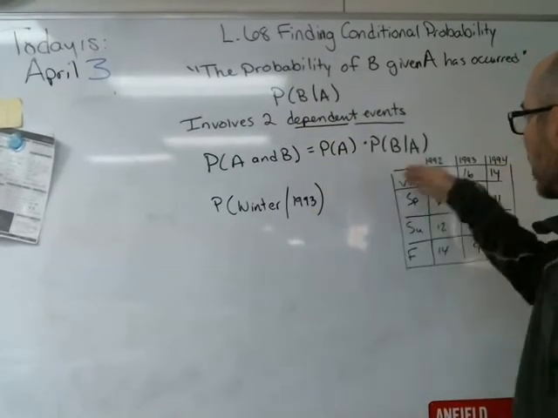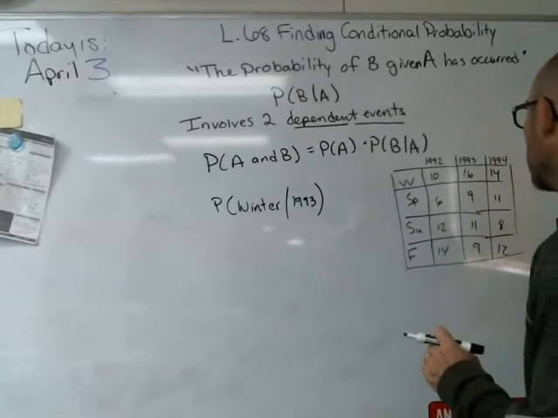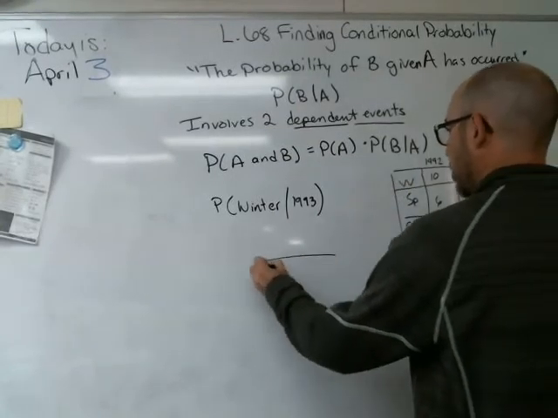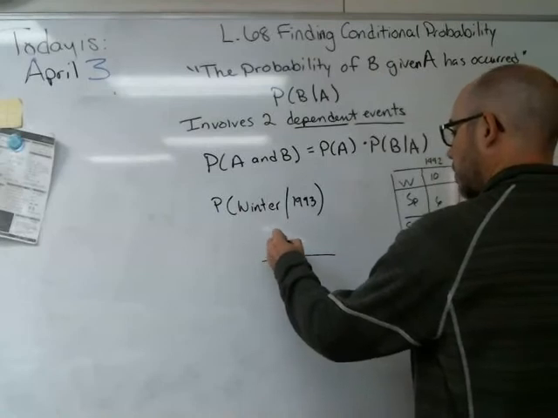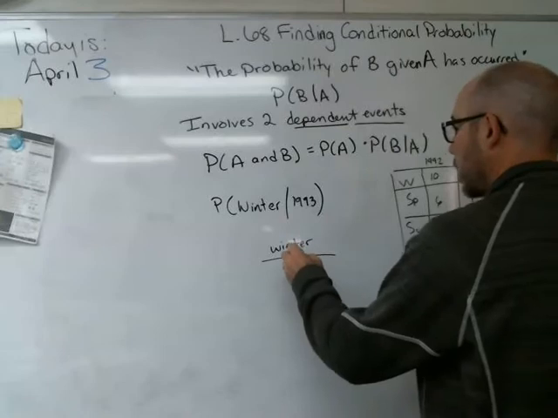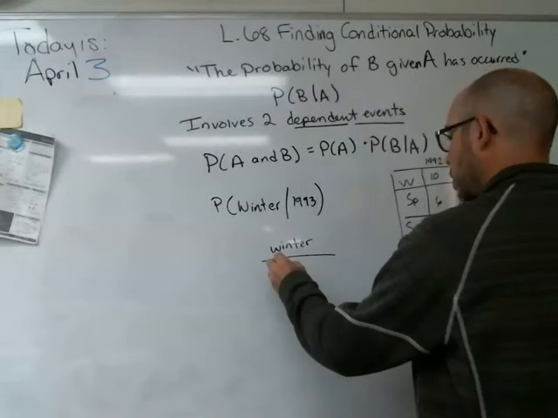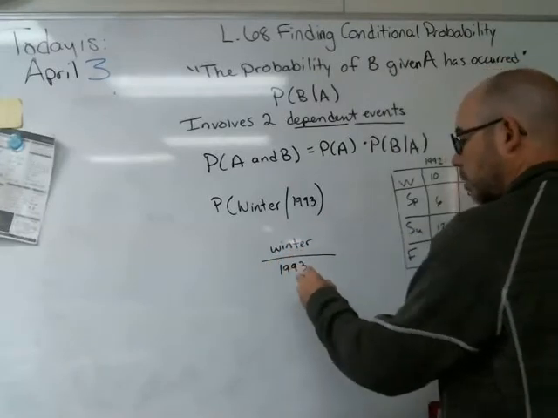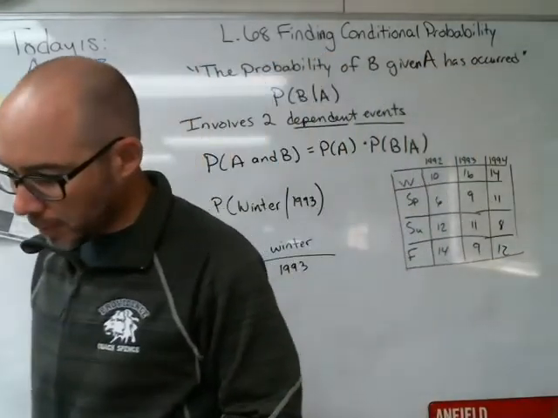So we're looking at everybody that's in 1993. We're going to take the number of people whose birthdays are in the winter that happen to also be born in 1993. Okay?